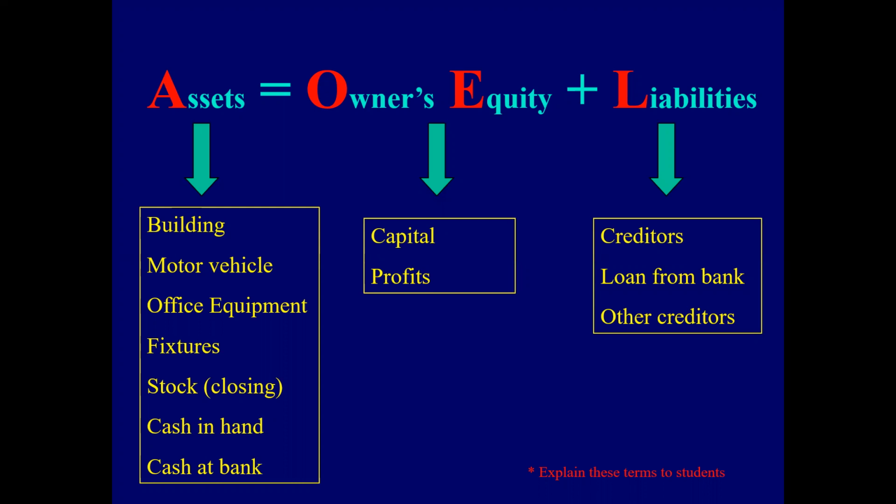Until then you need to pay money to Reliance company, so that Reliance company is called a creditor, the person to whom you need to pay money. Loan from bank means you get a loan from the bank. Other creditors mean small creditors.